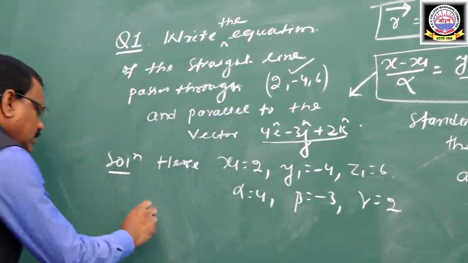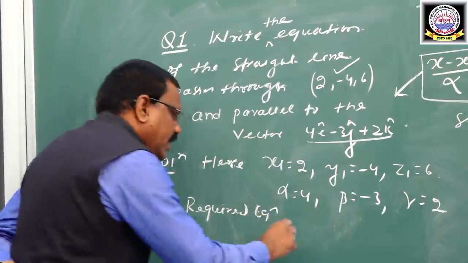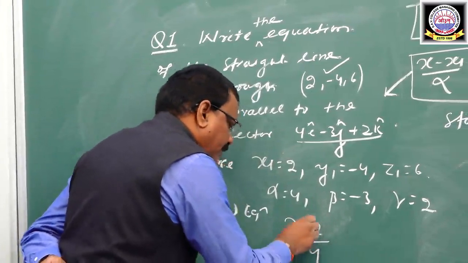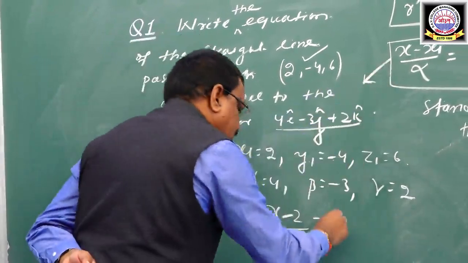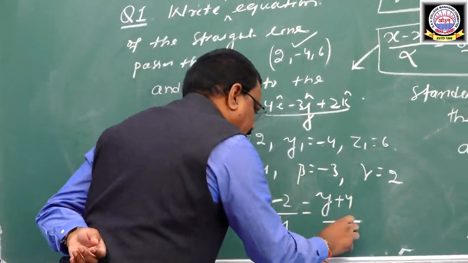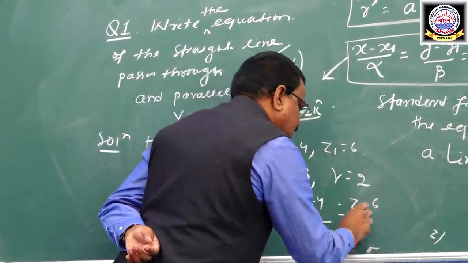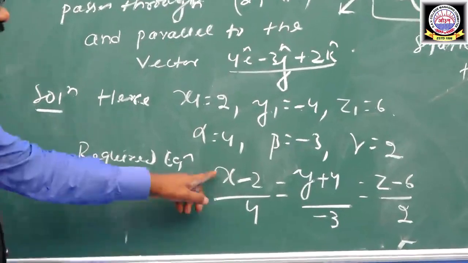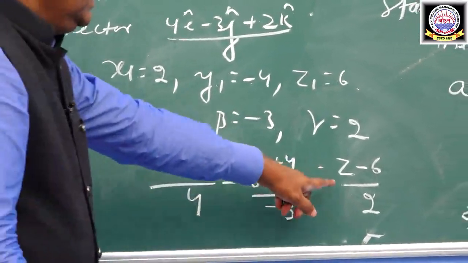Now the required equation is x minus 2 divided by 4 is equal to y minus y1, and y1 is minus 4, so minus minus plus, y plus 4 by minus 3, equal to z minus 6 by 2.